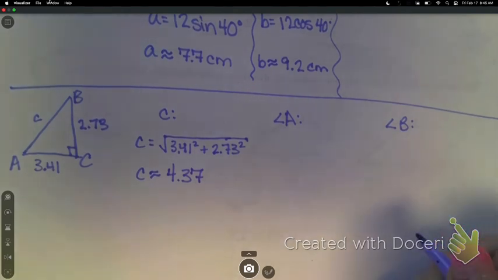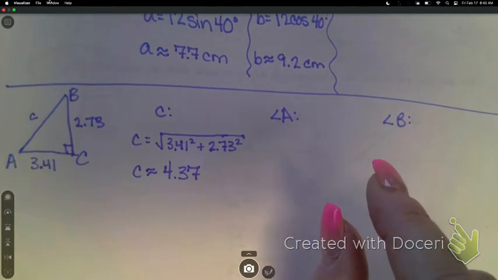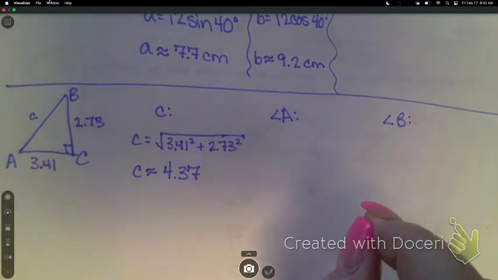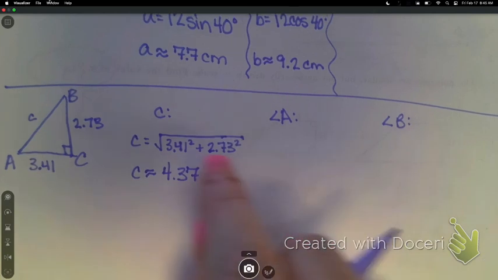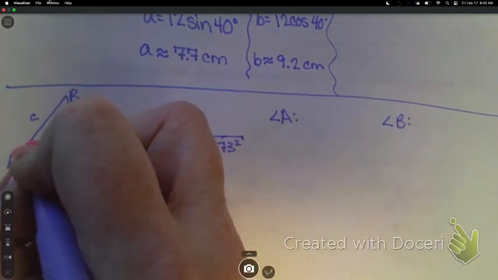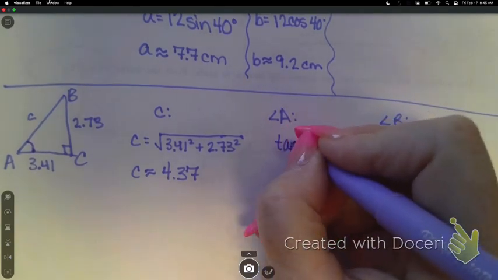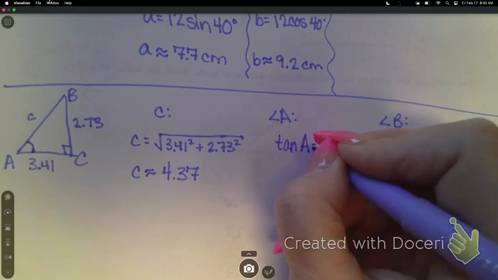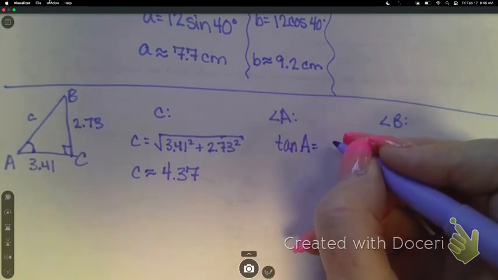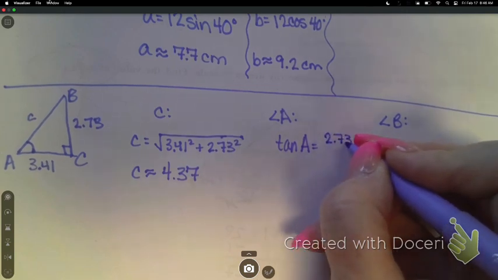Okay. Now we have to find angle A and angle B. Now we can use tangent. We can use tangent of A because we're looking right here, right? So tangent of A equals 2.73 over 3.41.